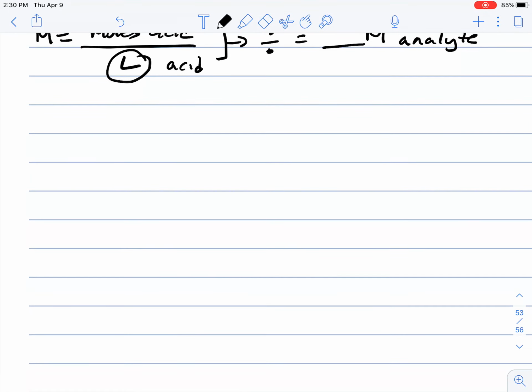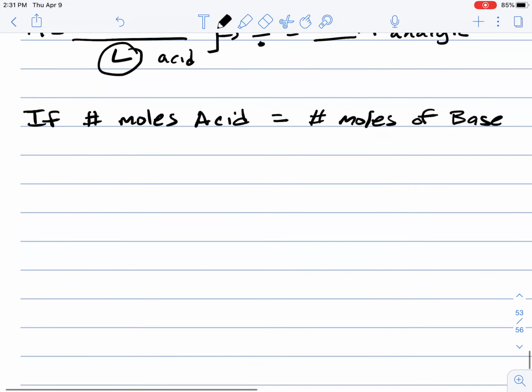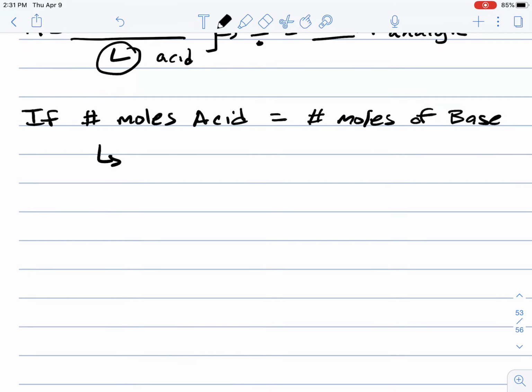And in terms of calculation, if the number of moles of acid is equal to the number of moles of base, then what that means is that you are at the equivalence point.